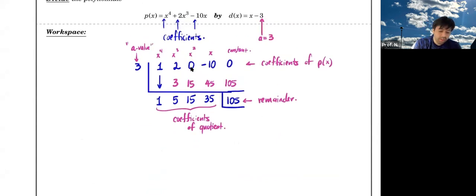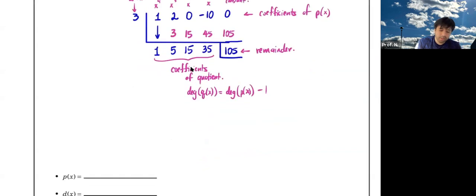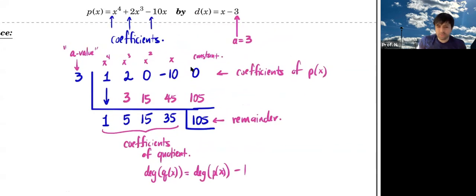And for synthetic division, the degree of the quotient is the degree of the dividend minus 1. It's always 1 less. So this 1 corresponds to what? X cubed. This 5, x squared. Then x, and the constant.